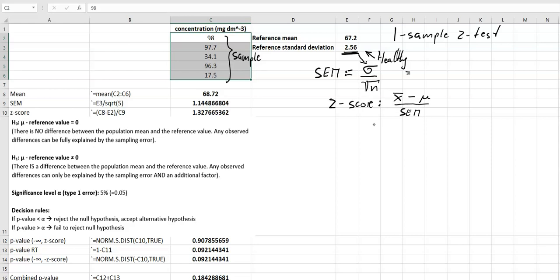That's what we just calculated here. And again, we can nicely calculate that in Excel. We just simply take the mean that we just calculated minus the reference mean and divide it by the standard error of the mean that we also calculated, and we get a value of 1.33 for the z-score.